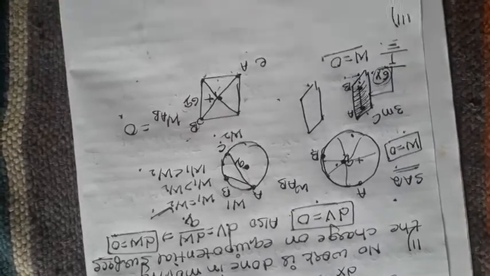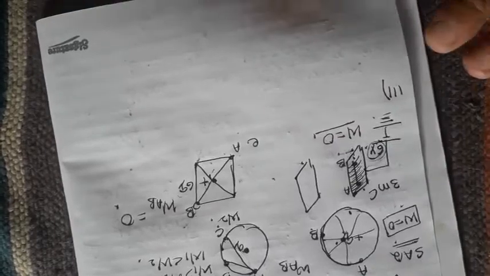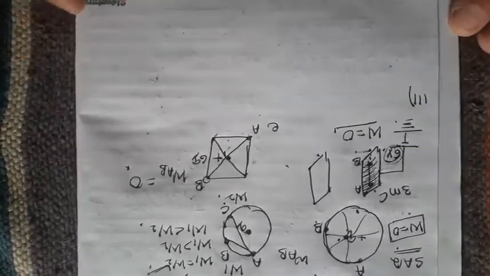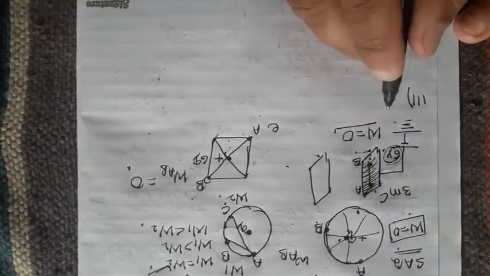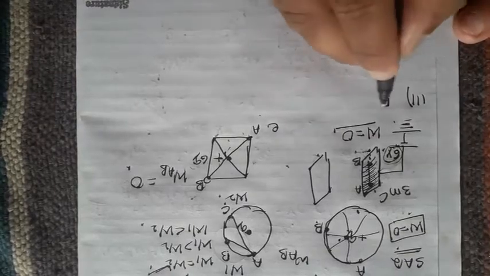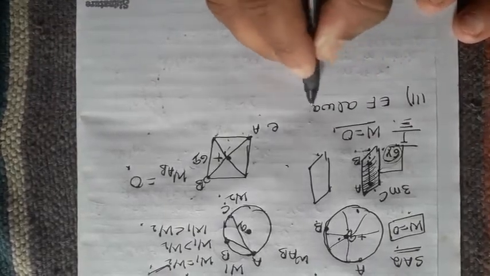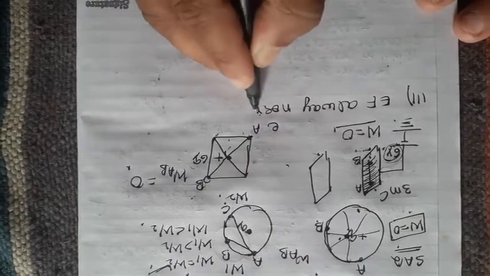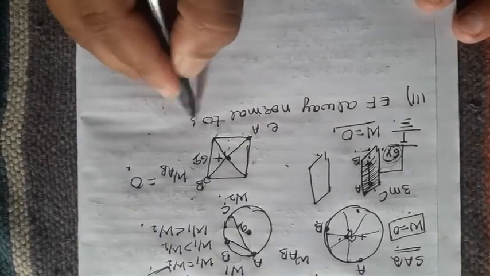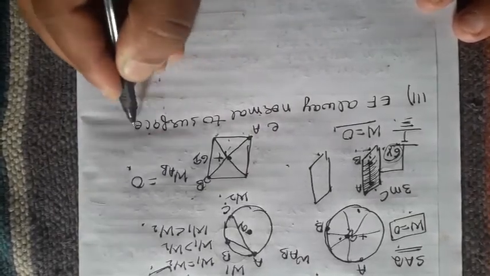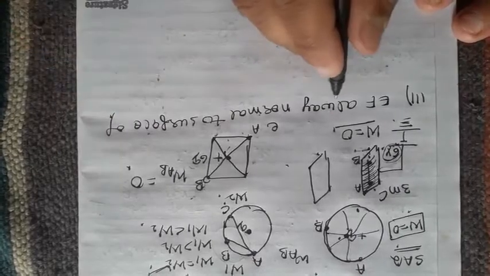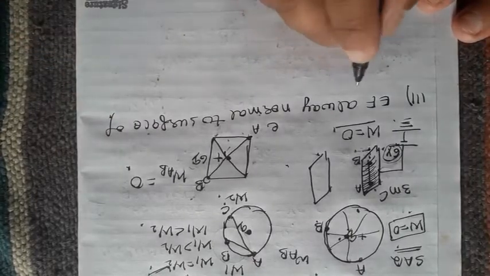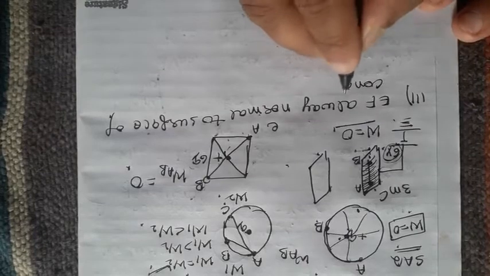Now I come to the third property. What is the third property? The electric field is always normal to the surface of a conductor.